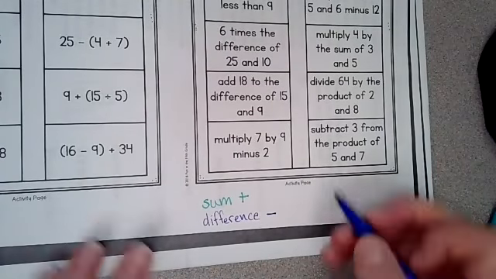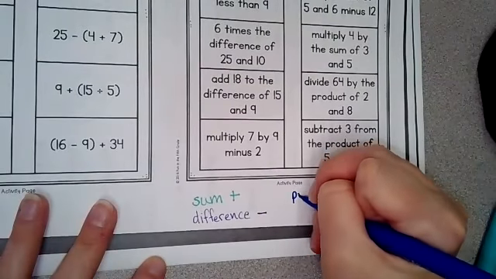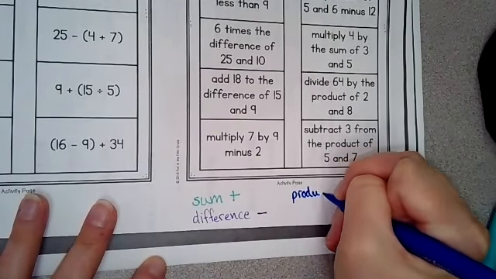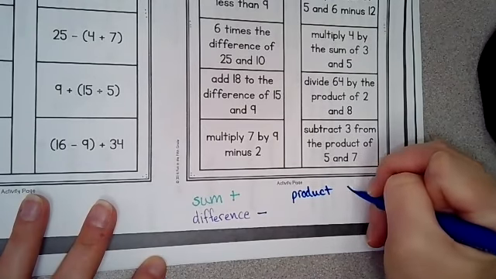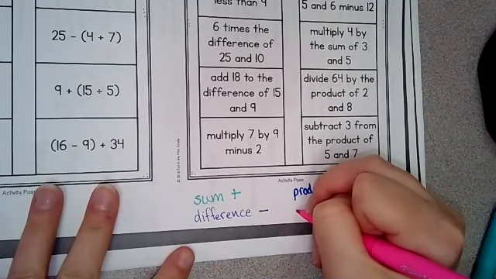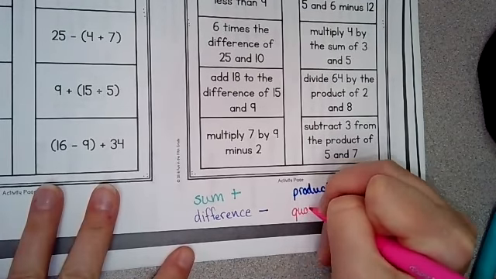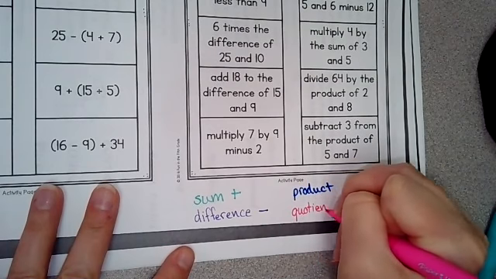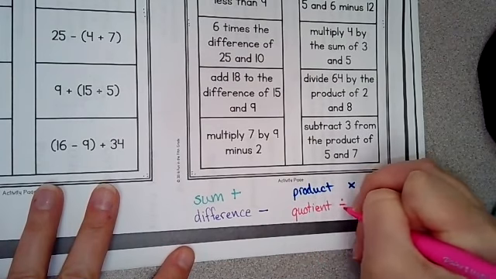Next is product. Product means to multiply. And the last weird word is quotient. If you see the word quotient, it means to divide.